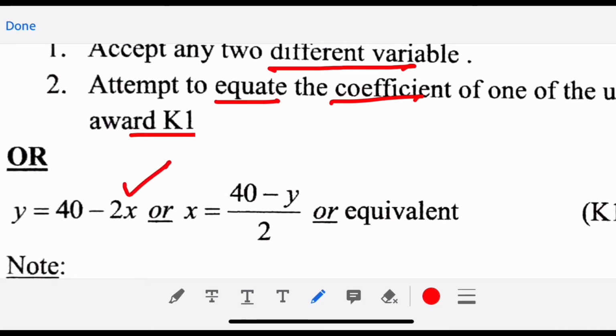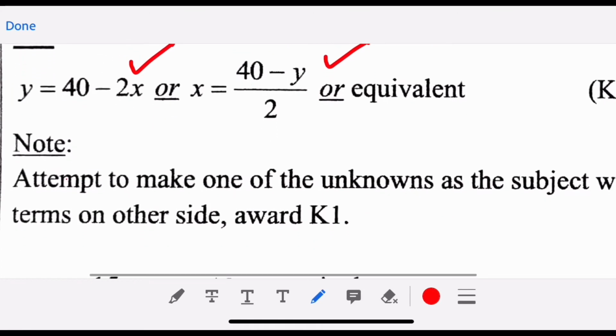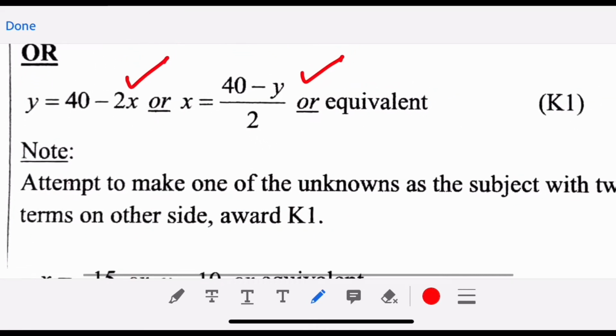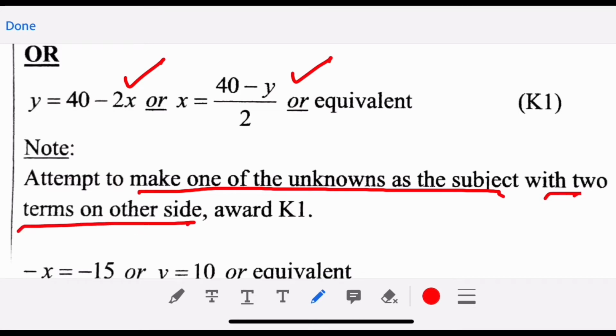Okay, if you attempt to equate the coefficient of one of the unknowns, you'll be given 1 mark. Okay, like this, you write y equal to 40 minus 2x, you will get 1 mark. Or you can write x equal to 40 minus y over 2. Okay, this is fraction, so we try to avoid this.